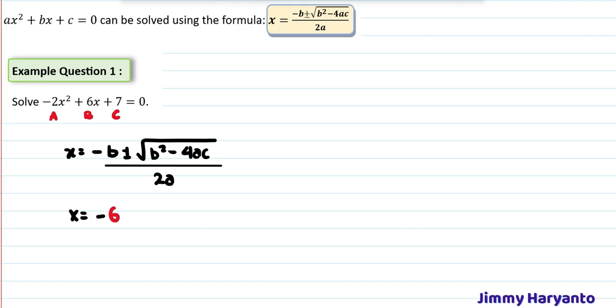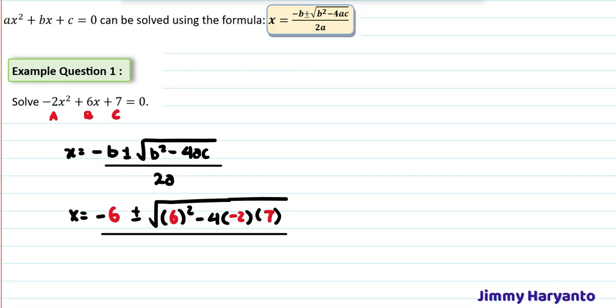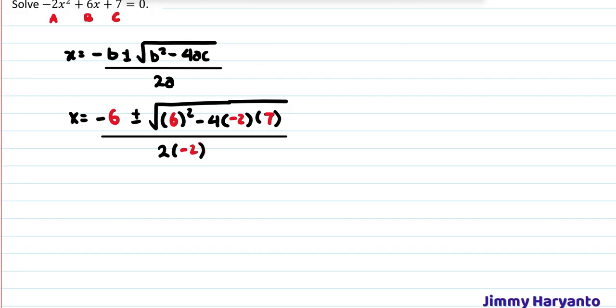The b equals to 6 plus minus square root of the b is 6. Don't forget to put brackets if you have square. Yeah, minus 4, and also multiplication times the a is negative 2, and the c is 7. And then divided by 2a. 2 times the a is negative 2. Okay, after this you only have to calculate.